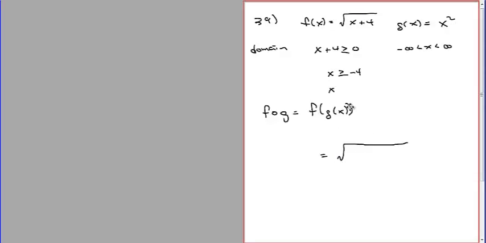So instead of x, we get the square root of x squared plus 4. So the question is, what is the domain of this function?